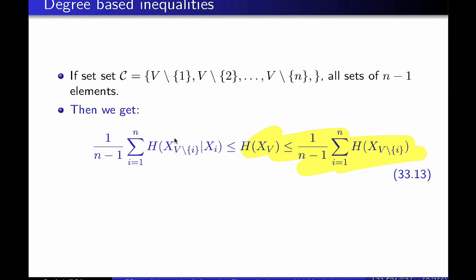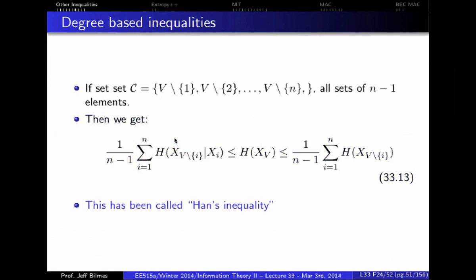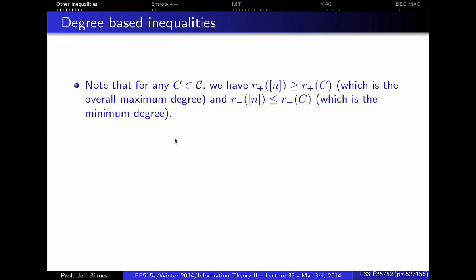And the lower bound is another form, where we take the sum of the entropies of each set of n-1 elements conditioned on the one element that's not in that set, again divided by n-1. This is actually a known inequality. It's Han's inequality. Han is a well-known information theorist who's done a lot of interesting work in network information theory.